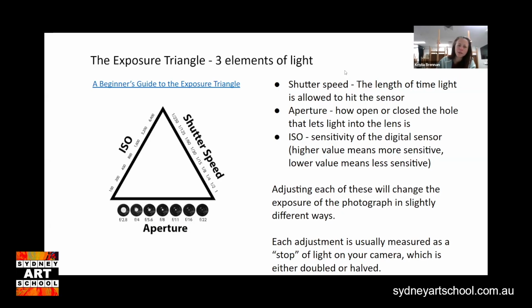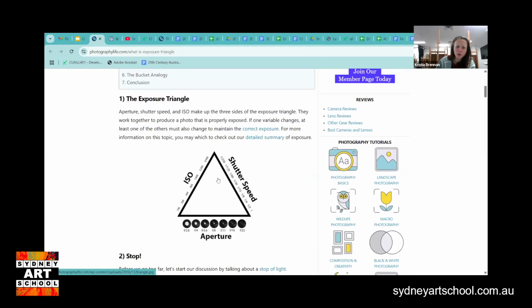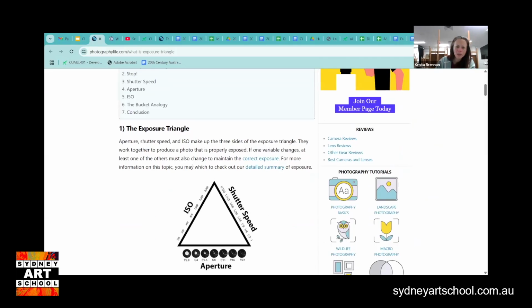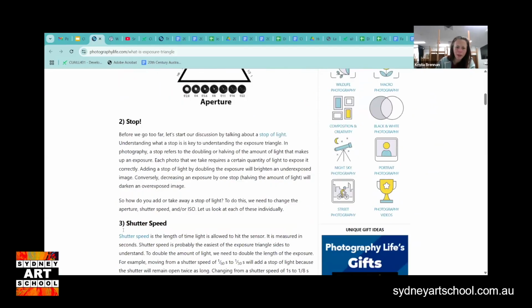I've got a link that gives us a little bit more specifics about the exposure triangle. But essentially, the three elements are the aperture, the shutter speed, and the ISO.